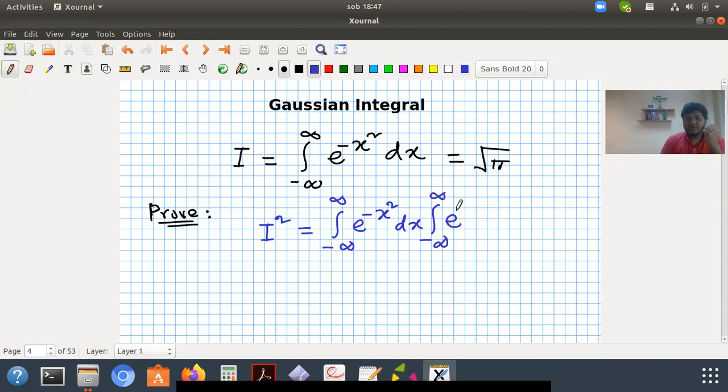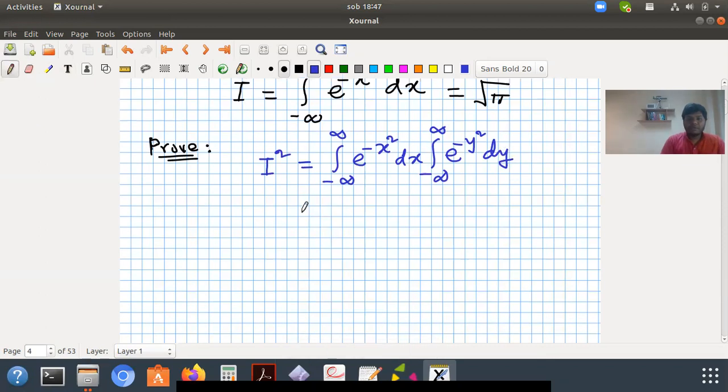Let's take y, dy. So we can also write this as the integral from minus infinity to plus infinity of e to the power minus of x square plus y square, dx dy.